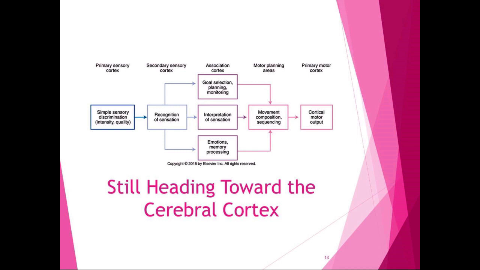And maybe if there's a motor act that needs to happen, it sends that information to the motor cortex and motor planning areas so we can plan that motor act. So something really simple, a sensation coming in, runs through this whole series in the cerebral cortex. So we'll come back to this diagram again.